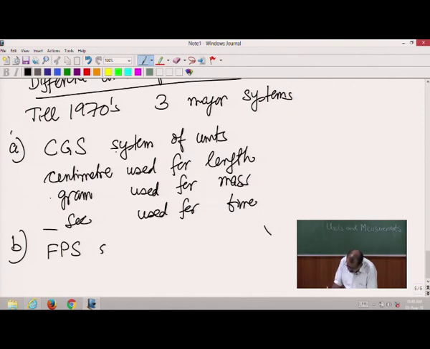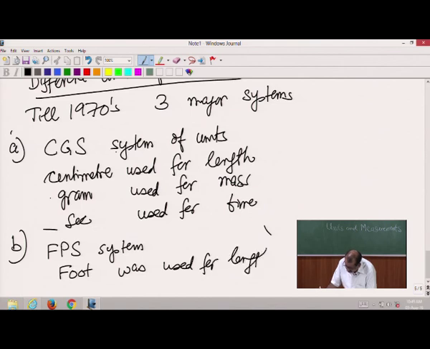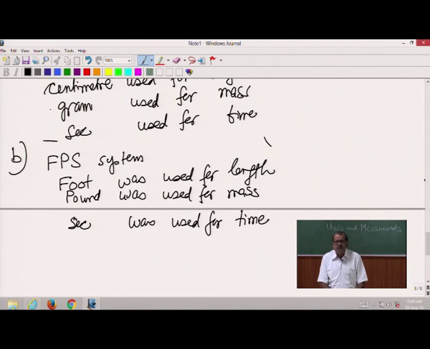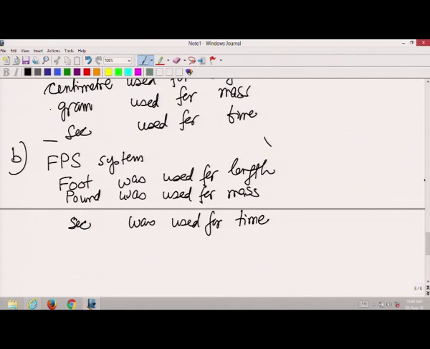In the FPS system, foot was used for length, pound was used for mass, and once again the time unit was the same, seconds was used for time. The FPS system is also sometimes referred to as the British system of units.